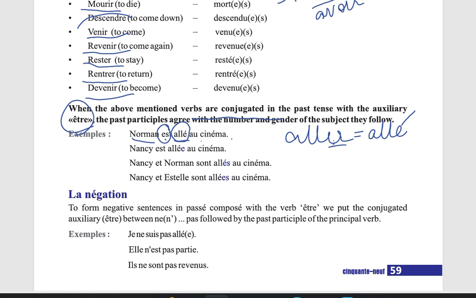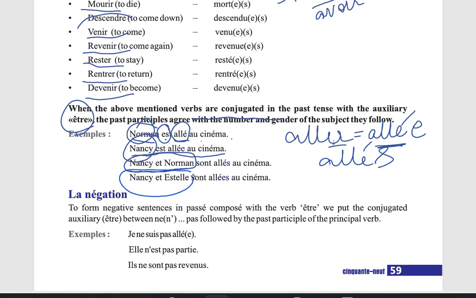Now, students, here you have to take care of one thing. If your subject is masculine, then we are using allé. But if your subject is feminine, then allée will have a double e. See, Nancy est allée au cinéma. Okay. Similarly, if your subject is plural, male and female, Nancy and Norman, then you will use masculine plural s.